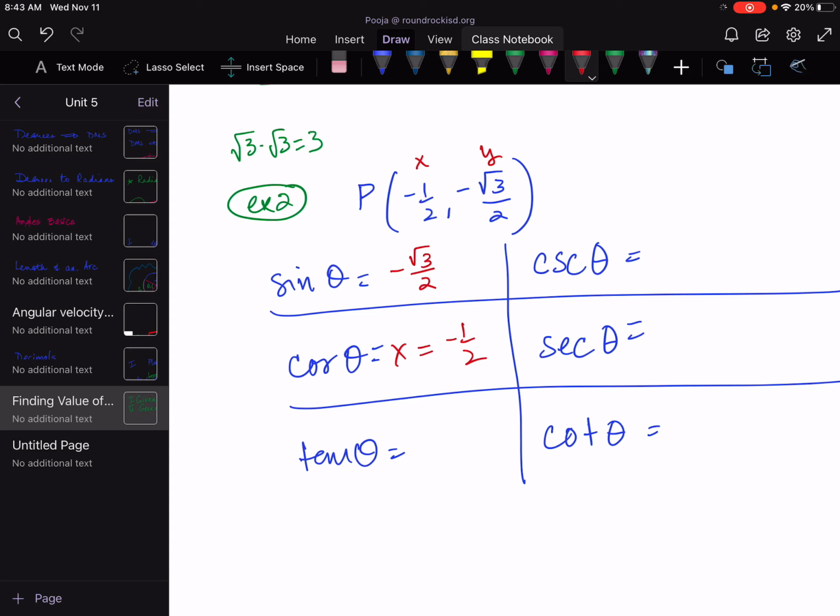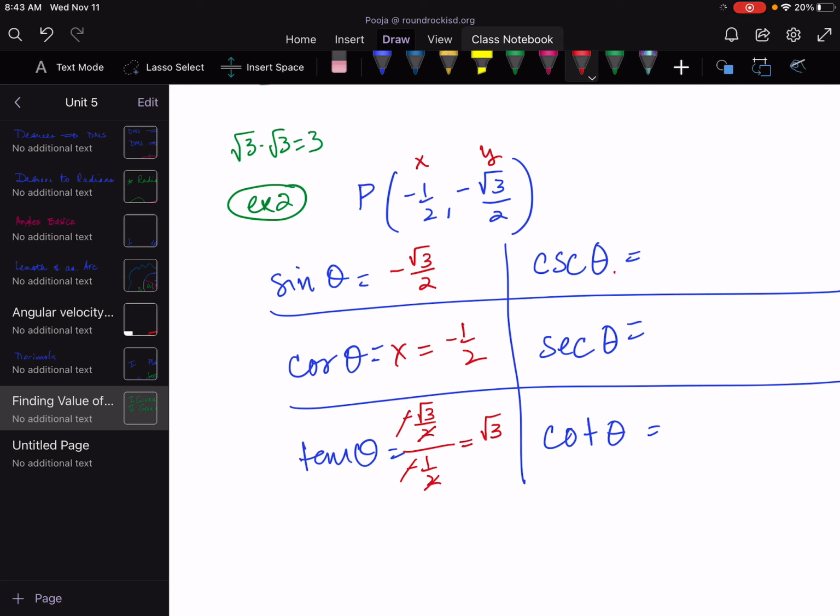Now tangent is y over x. So negative root 3 over 2 over negative half. Okay, now when we divide two negatives, that turns into positive. And as I expressed earlier, if the denominators of both the fractions are the same, you can go ahead and cancel them. This turns out to be just root 3 over 1.